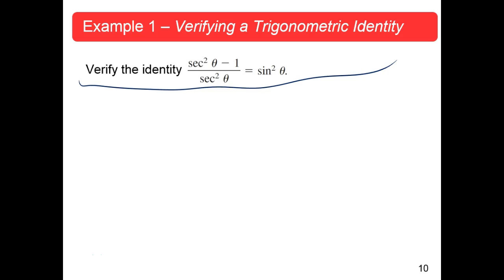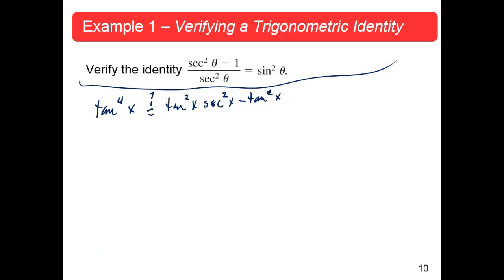Get to know them. So here's one that's tangent to the 4th power x. Is that the same as tangent squared x times secant squared x minus tangent squared x? Oh my goodness.